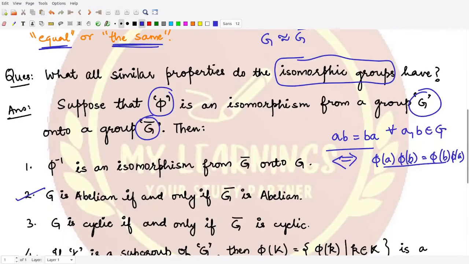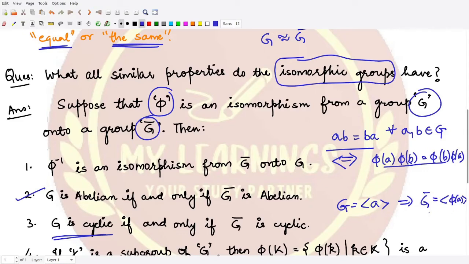Okay, next one is G is cyclic if and only if G bar is cyclic. They are saying the first group is cyclic if and only if the second group is cyclic. So let us assume that the first group is cyclic. That means it would be generated by some element A from this group, right? So let's call that element A. In that case, G would be equal to the group generated by A. We already know if G is generated by A, this would imply G bar is generated by phi of A, the image of this element A under the map phi.